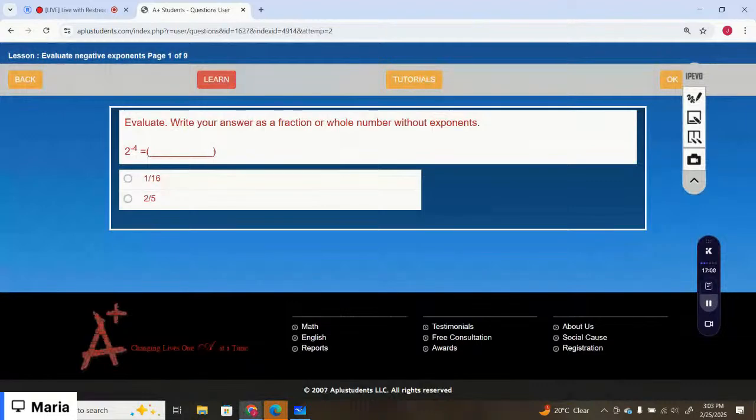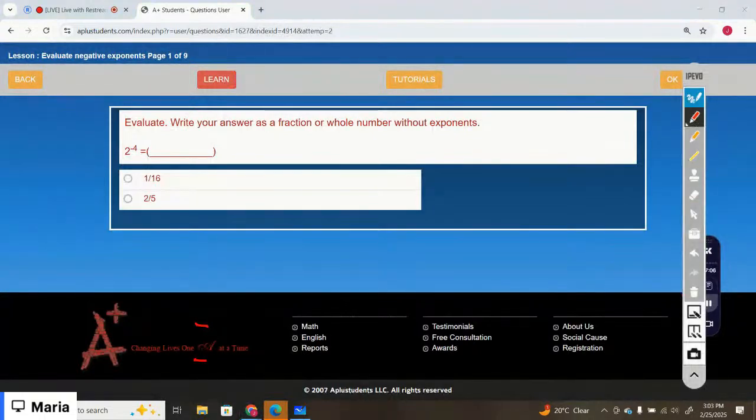2 exponent -4. First thing, you have to make the exponent positive by writing it in the denominator.